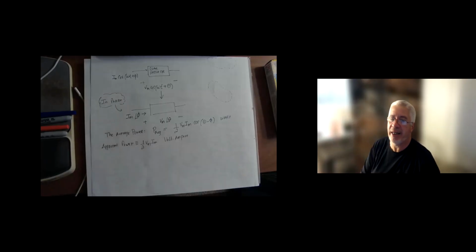Then we defined the apparent power. The apparent power we define as one half Vm Im, and the units are volt-amperes. These are things that I can ask you after solving a circuit. Then we defined the power factor.